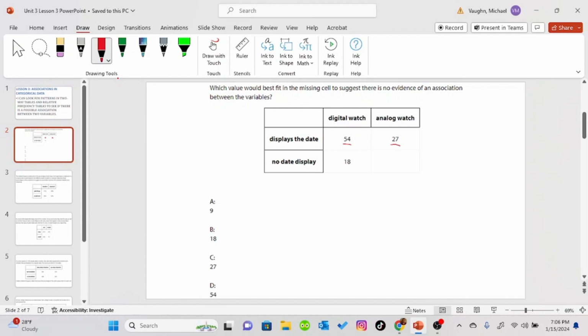So what we might be looking for is for that missing number to be half of 18, which would be 9. Something else we could notice is that 54 is 3 times 18.